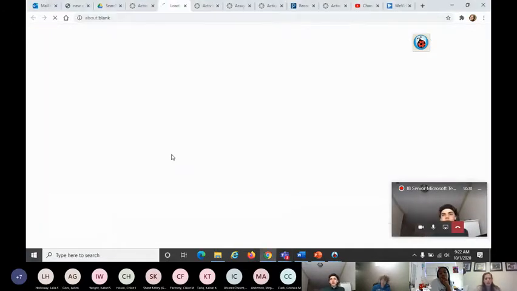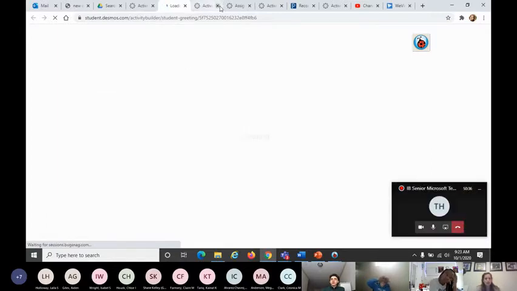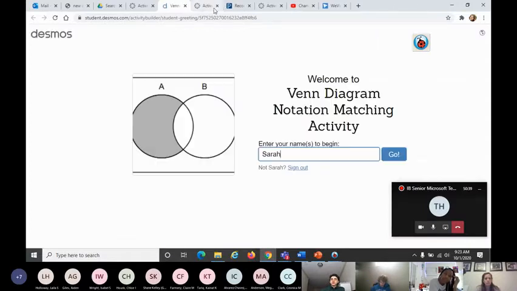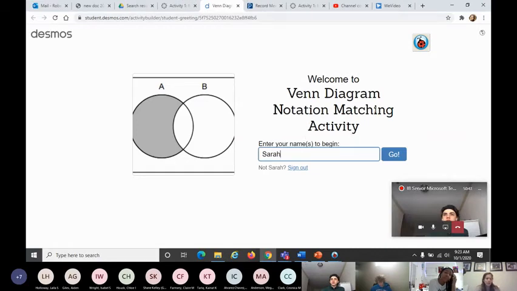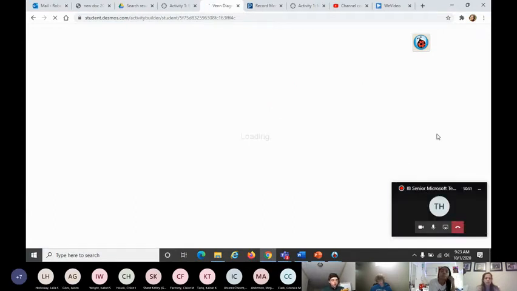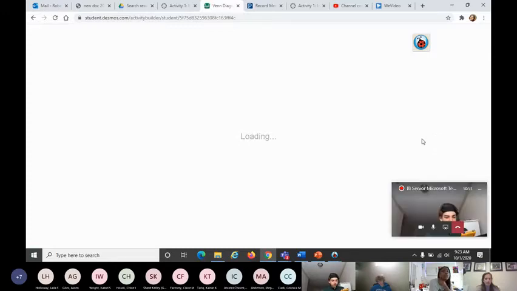So you're going to click on this link, and it should take you to this Venn diagram notation matching activity. So you'll enter your name and click go. Okay, and make sure you actually put your name so that I can give you credit for this. And it will take you to the activity.